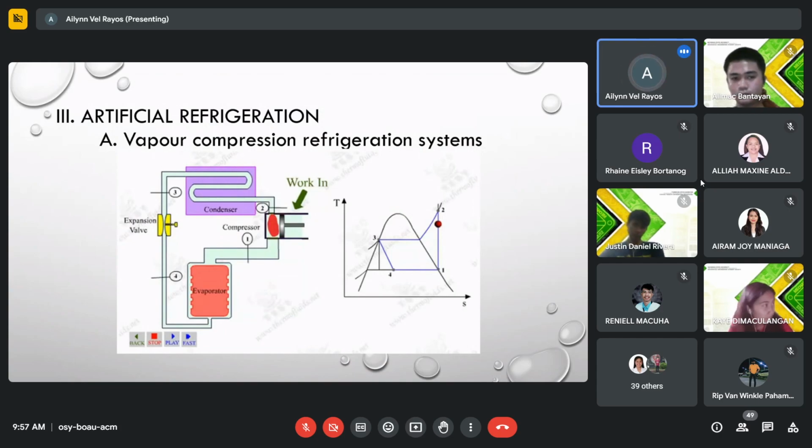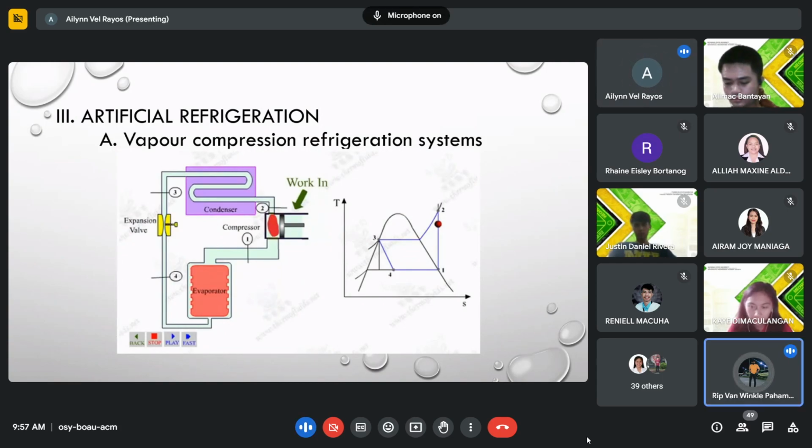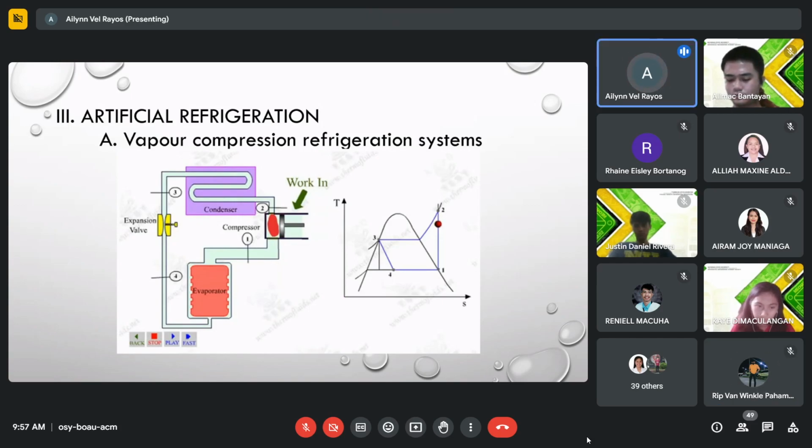Do you have any questions before we end our meeting? Tomorrow we will discuss all of these artificial refrigeration systems, so that you know the components, the function of each component, the flow of the system, and its main purpose.